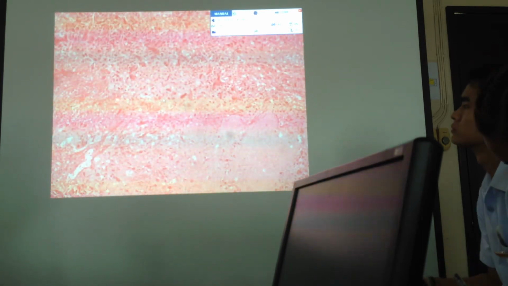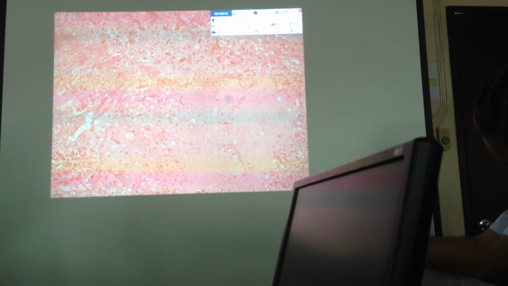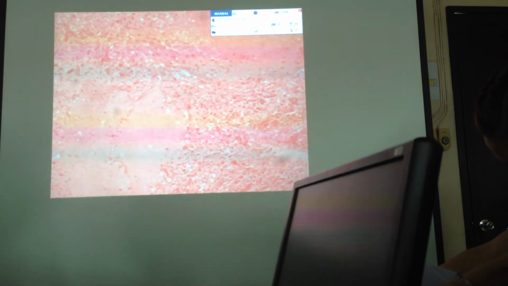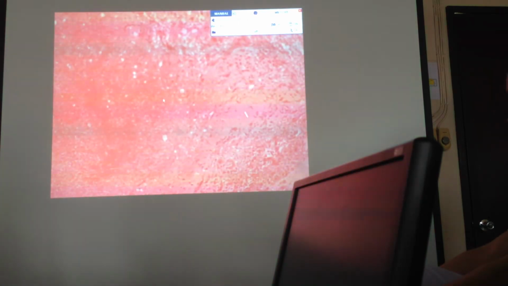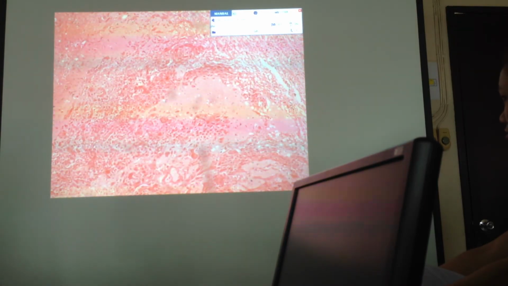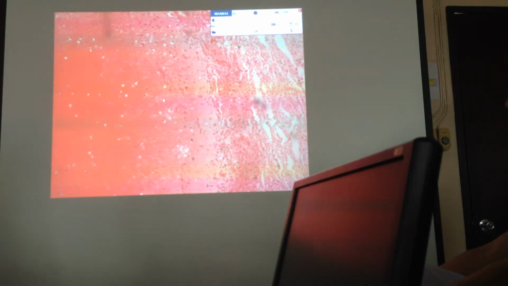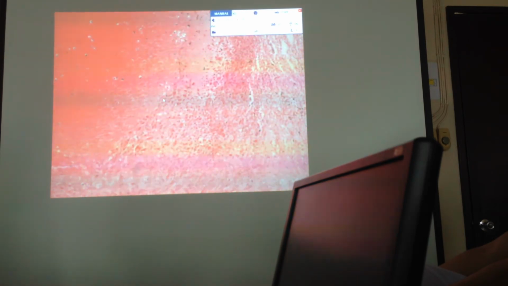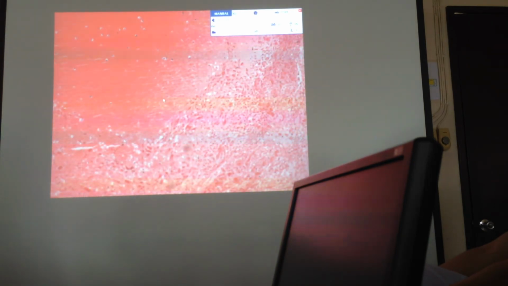So as you can see here, it's highly malignant because you have areas of hemorrhage, necrosis. Usually when you have a highly malignant or aggressive tumor, usually the surrounding structures have a lot of hemorrhage and necrosis.